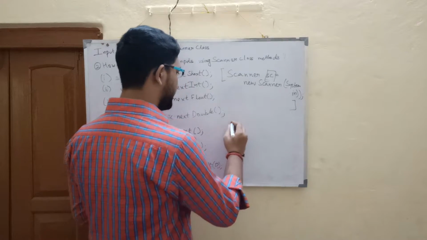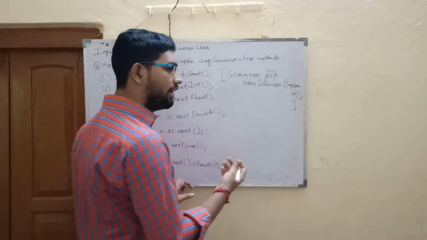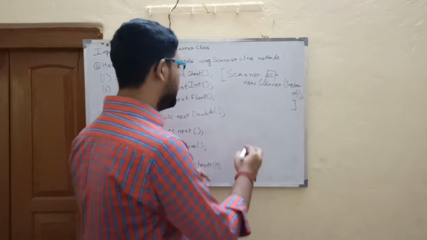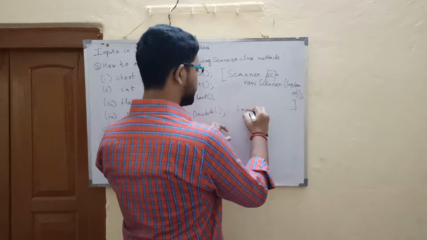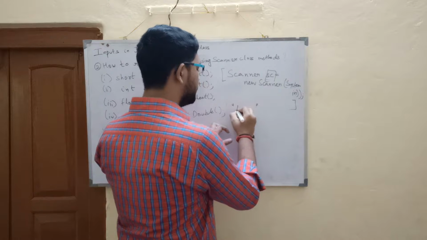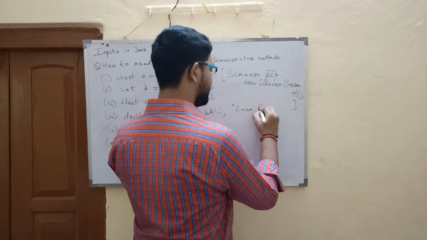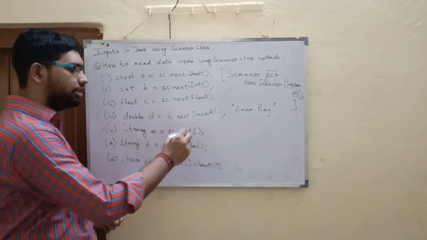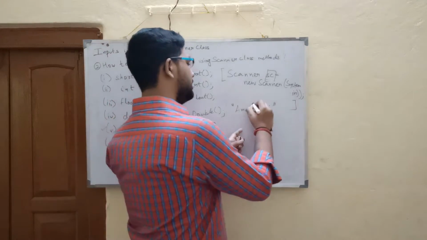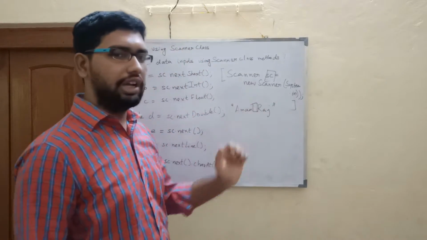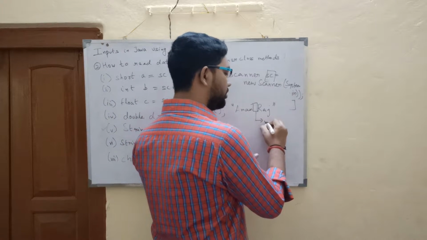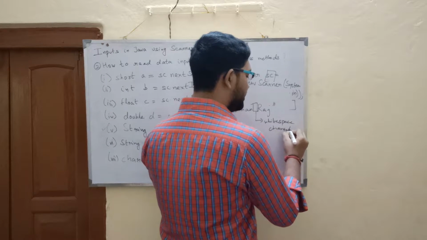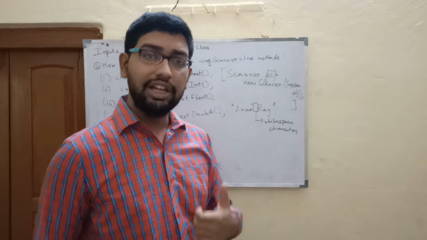Suppose anyone wants to give a name, suppose Aman Raj. When you accept it with the help of sc.next, the space between Aman and Raj, which is called a white space character, is treated as a delimiter.